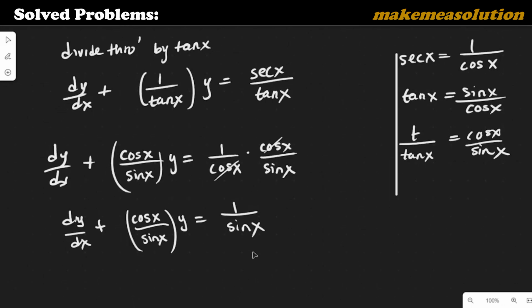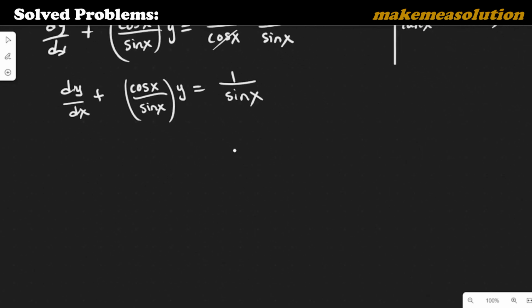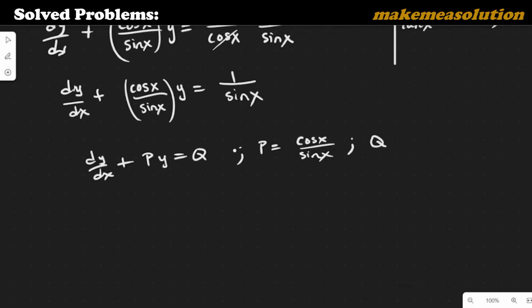Now at this point we have our dy/dx plus py is equal to q. So in this case p is cos x over sin x and q is the reciprocal of sin x, which some people might call cosec x.